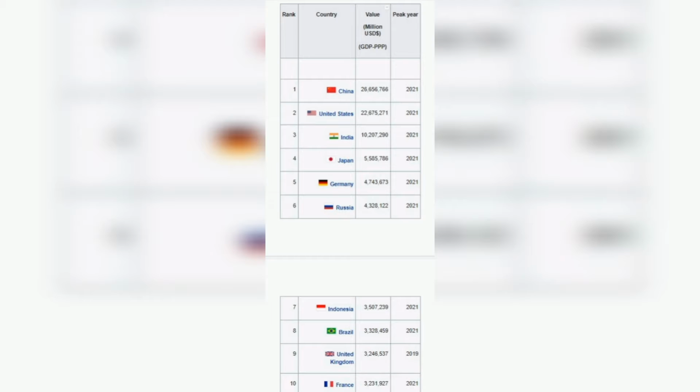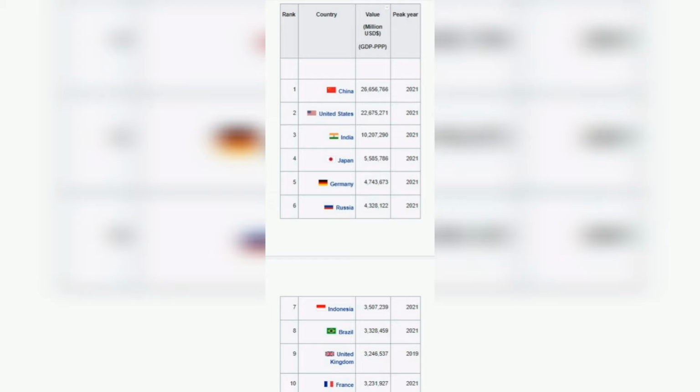China is on the top, the world's biggest economy, considering purchasing power parity annual GDP, by 26.6 trillion US dollars. And United States is on the second number.